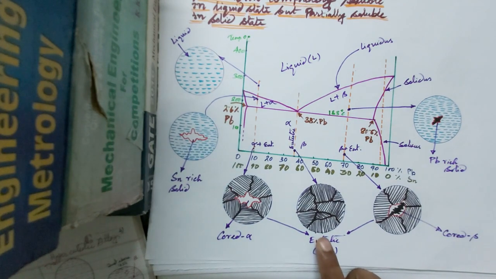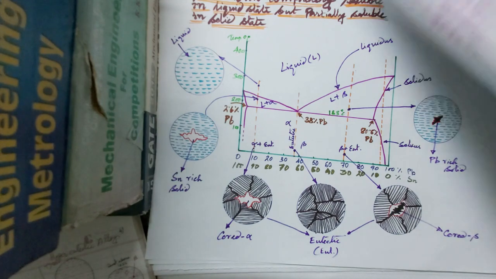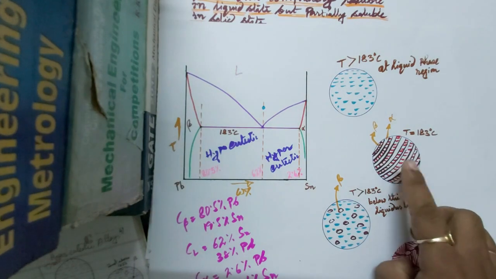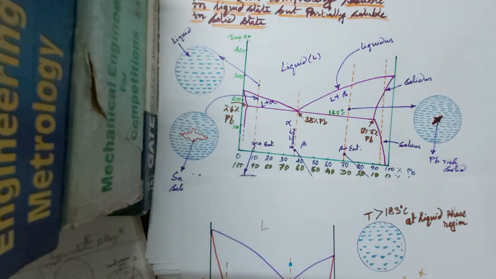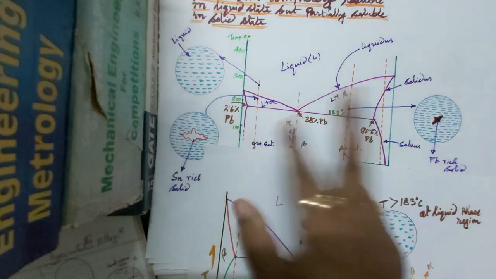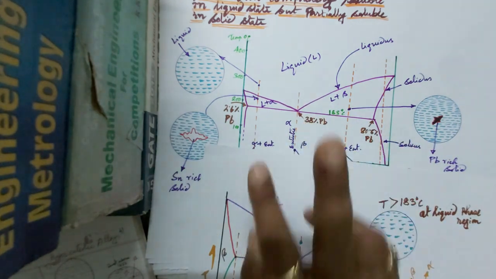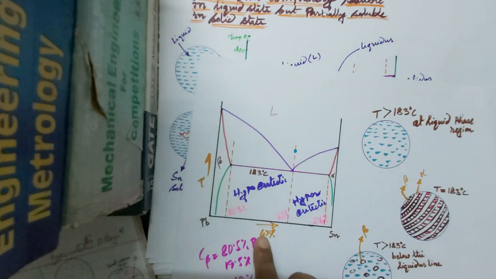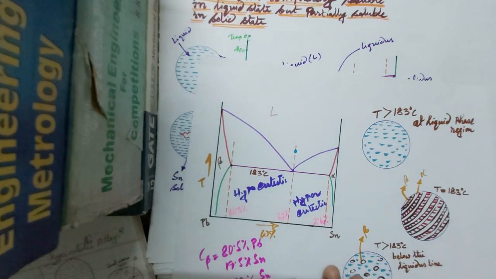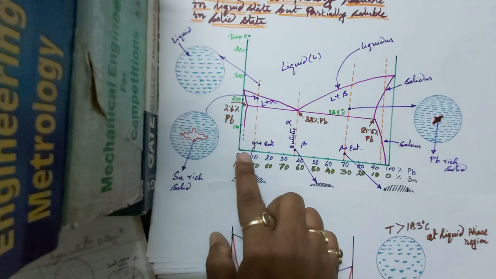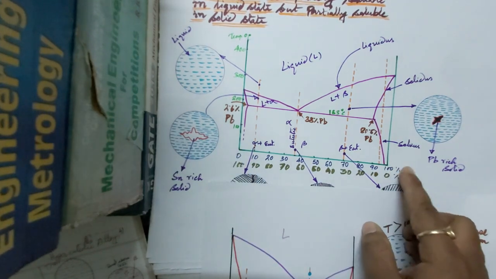In the previous sheet also I have shown you this. So this diagram and this diagram, these two are the same Pb-Sn diagram. I have just flipped it. Here in this case Sn is this side, Pb is this side, and here Sn is this side and Pb is this side.